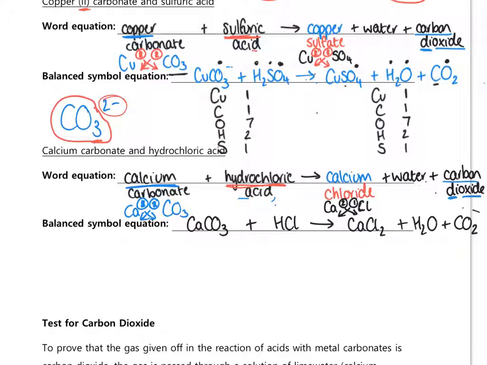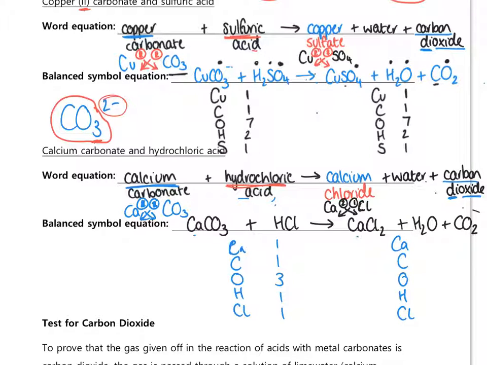I need to balance my equation now, and so to do that I make a list firstly of all the elements I have. So I have calcium, I have carbon, I have oxygen, I have hydrogen, and I have chlorine. And I write that list on the other side in exactly the same order. Now to count up how many of each I have: 1 calcium, 1 carbon, 3 oxygens, 1 hydrogen, and 1 chlorine.